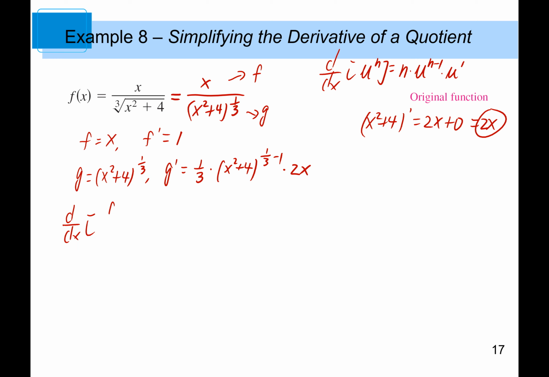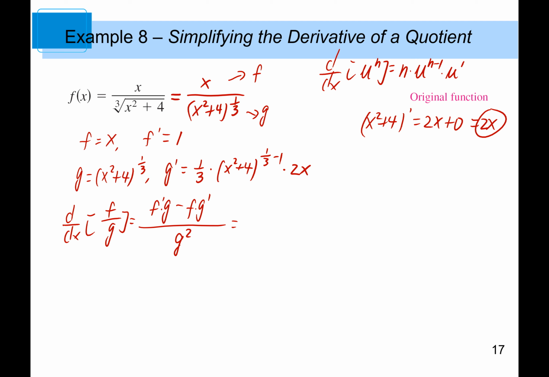Alright, then after that we can find the derivative. So it's basically f over g, right? So it's f prime g minus f g prime, divided by g squared. Replace f prime, g, and g prime with whatever is there.